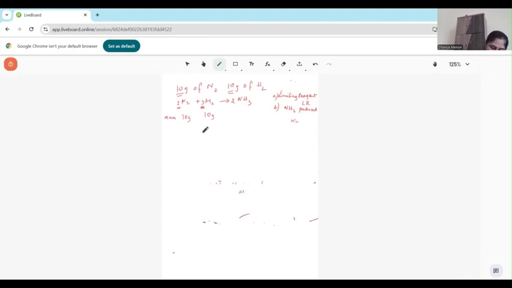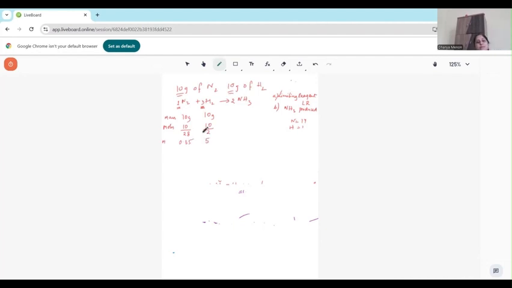Now find out the number of moles. 10 over 14 times 2, because there are 2 nitrogen atoms. This is 10 over 2. Now this is 0.35. This is 5. These are the number of moles.